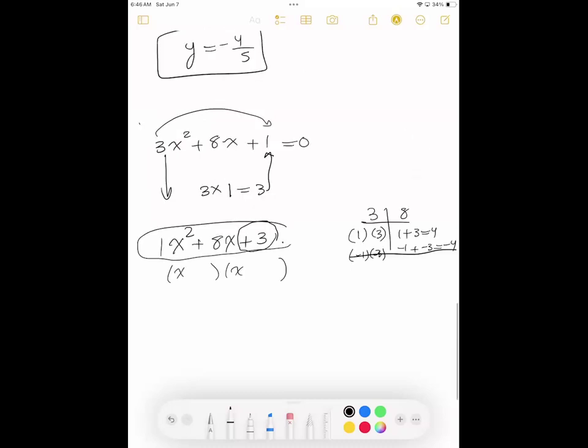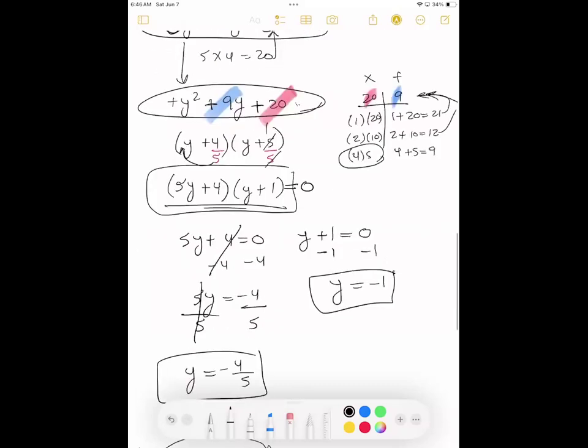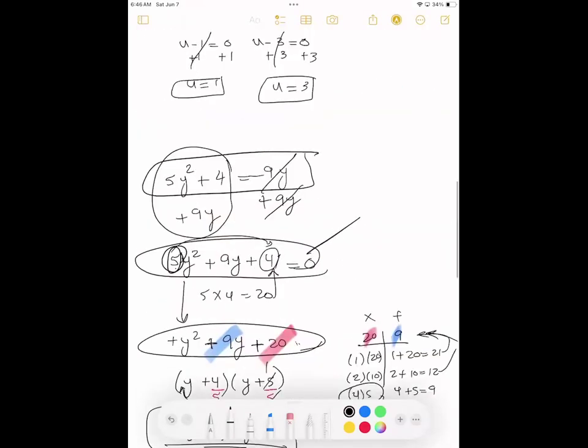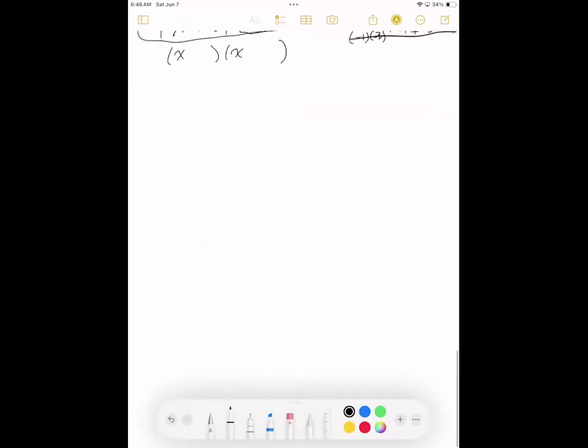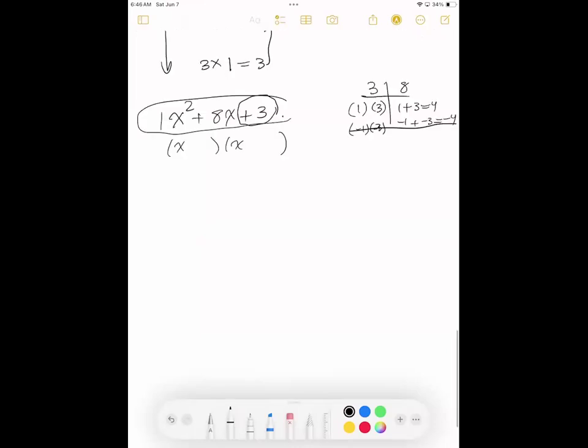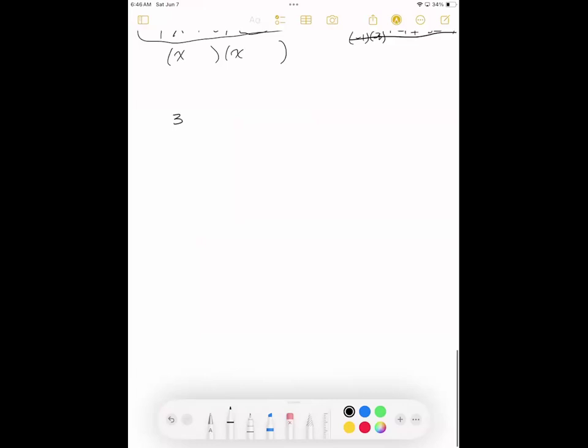Quadratic formula works for all the problems that are quadratic equations. So in this case, factoring is not a possible solution, so we must use the quadratic formula.